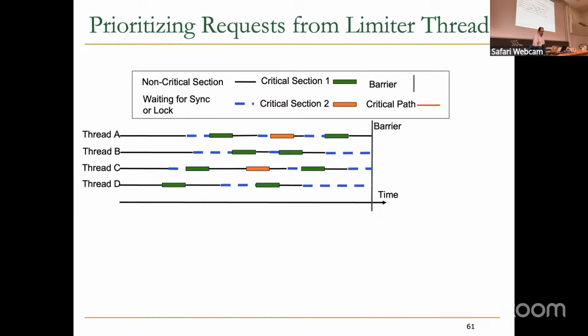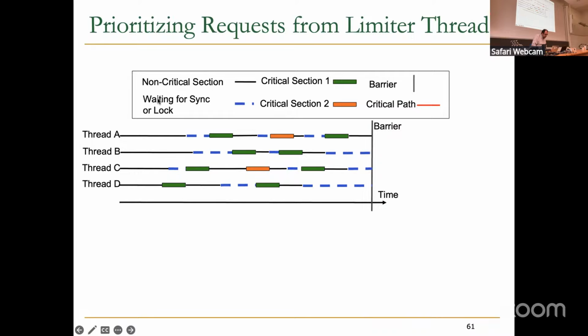Here is also an example that combines these together. We have 4 threads here. This black line is non-critical section. Then we have critical section 1, which is green.